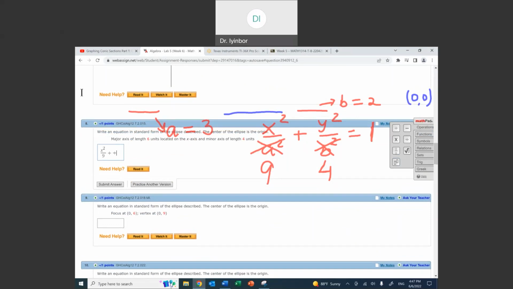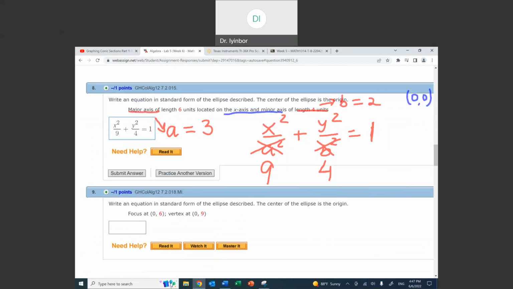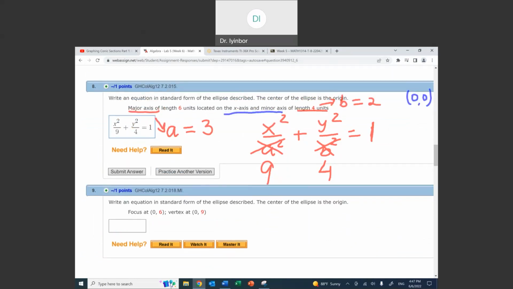Then you press another fraction and put y, make it square, over 4. Then get out of the fraction, equals 1. This is how your answer should look like. Make sure it looks exactly like that. Make sure you don't use capital letters, because if you use capital X or capital Y, it's going to say it's wrong. And then that's my answer.